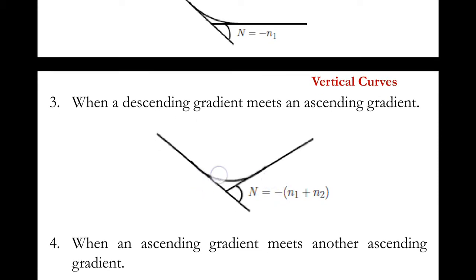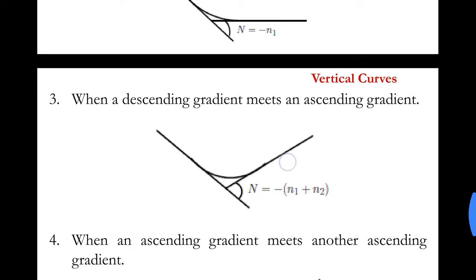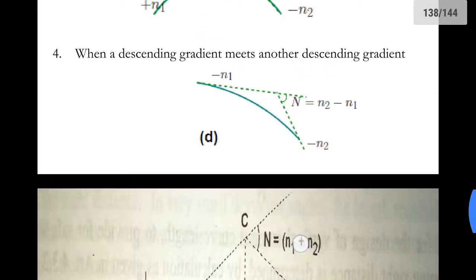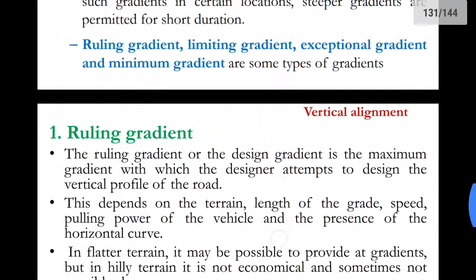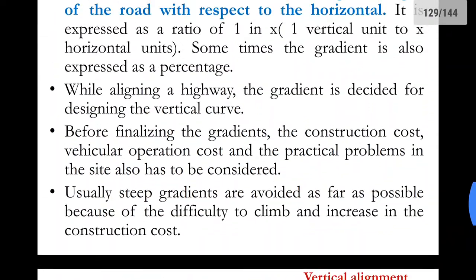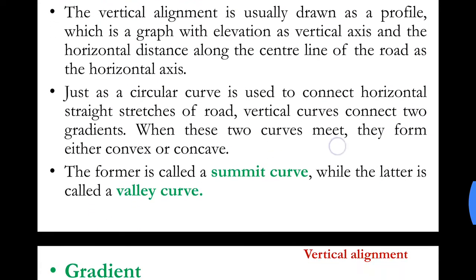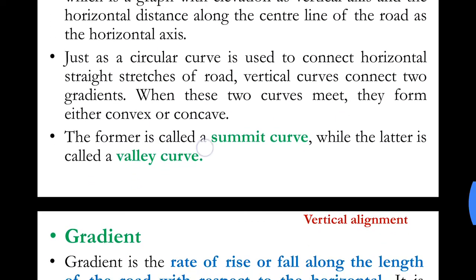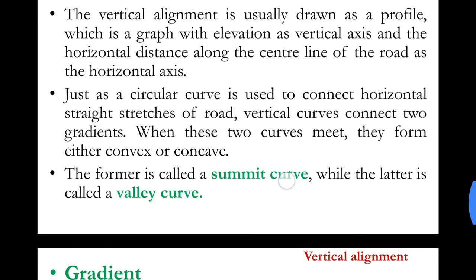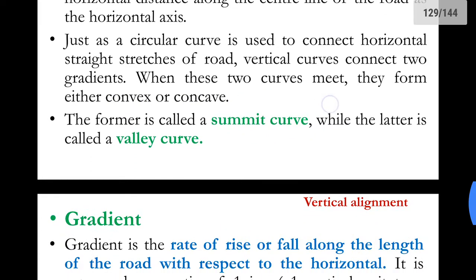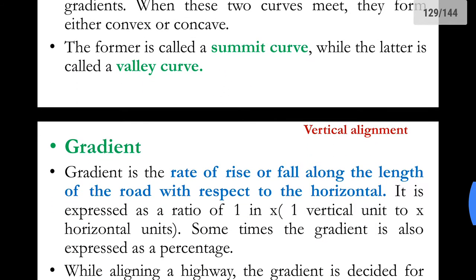Now this here is a concave shape, and these type of curves are known as valley curves. We'll learn about this in detail. The ones with the convex shape are known as summit curves, and the ones with the concave shape are known as valley curves.